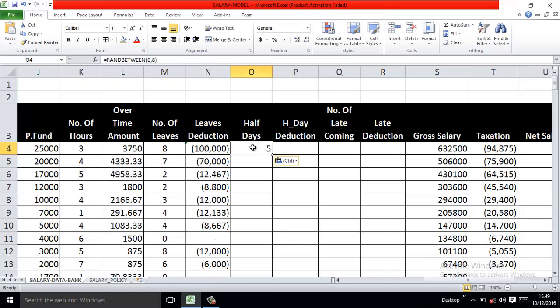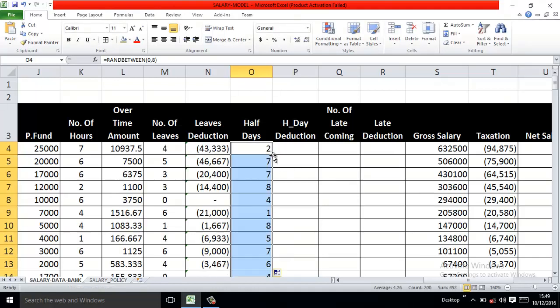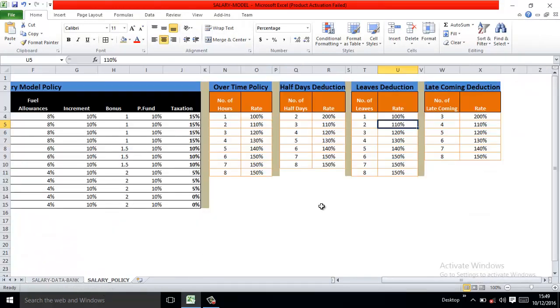Again I'm using here a RANDBETWEEN formula from 0 to 8 to generate dummy data, and applying the formula. Okay, in that case we have a policy, and the policy is this, that 1 half day or 1 short leave is allowed by the company.